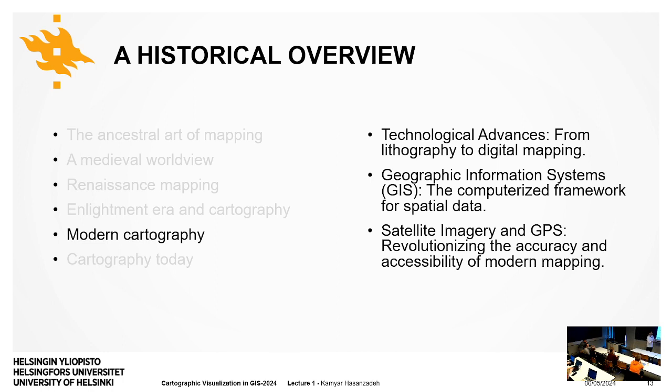This computerized framework of spatial data has really changed how we create maps. And then we have satellite imagery, GPS, and different sources of geospatial data, which has again contributed to the kind of maps we can make and revolutionized the accuracy and accessibility of modern mapping.